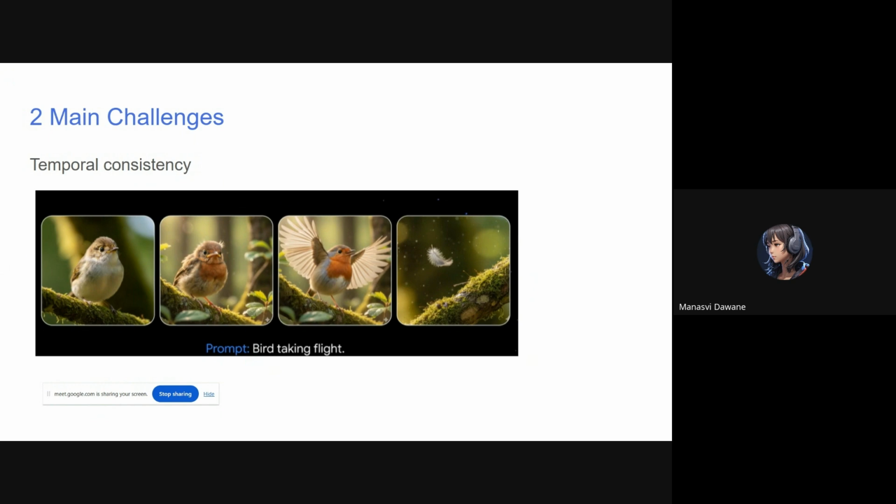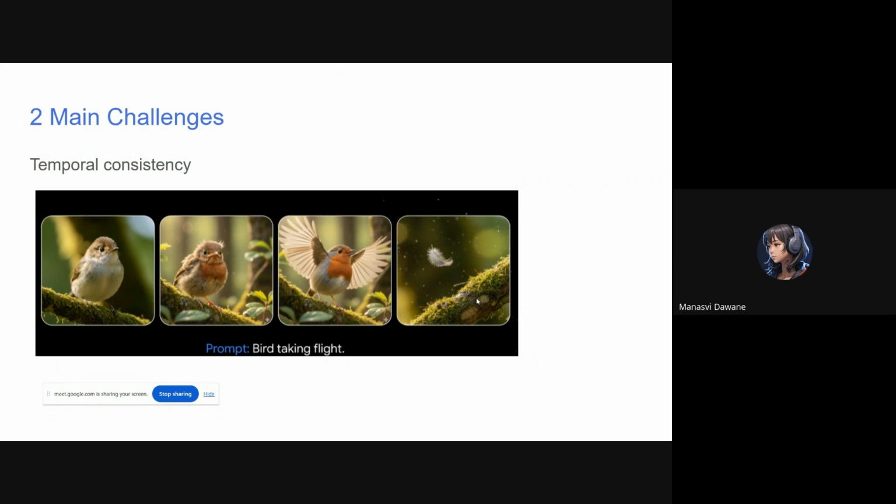So this process of video diffusion, which is similar to image diffusion, has two main challenges. First is temporal consistency. When you give a prompt to a model, for example, a bird taking flight, you can see four images are generated, but they are not consistent. They are different from each other. The branch is different, the birds look different, and it doesn't align and doesn't make sense.